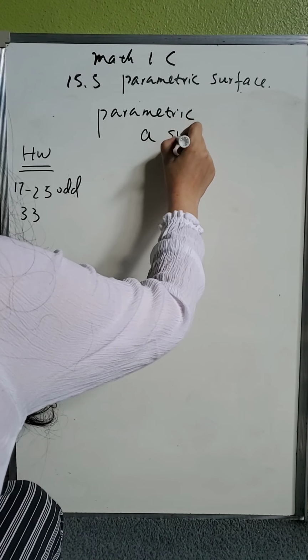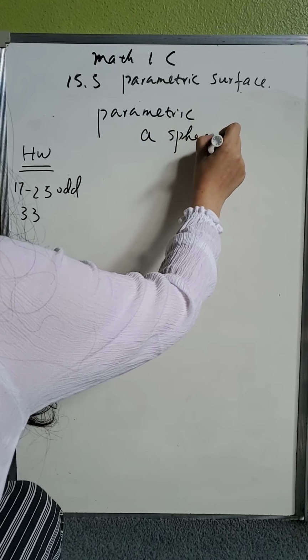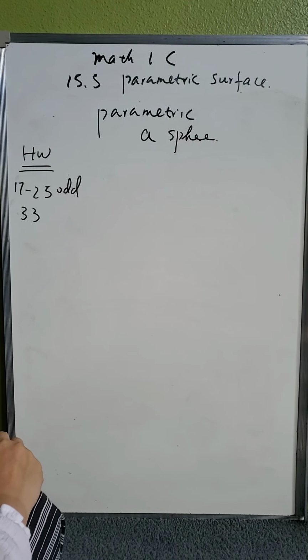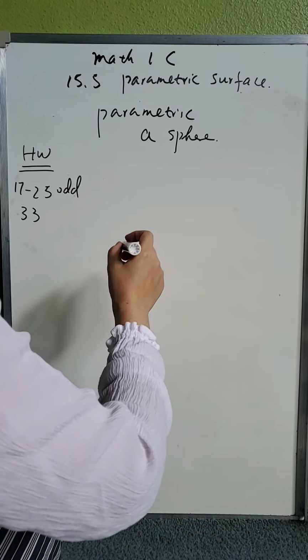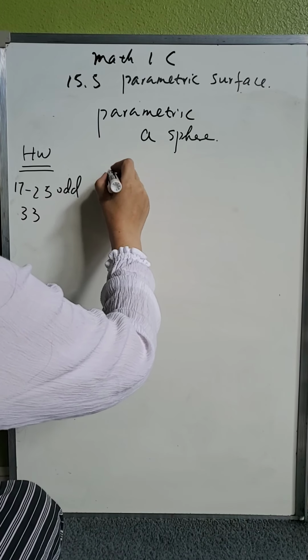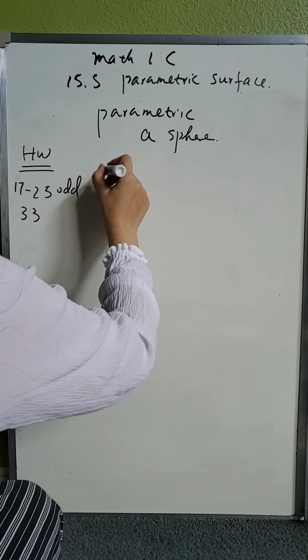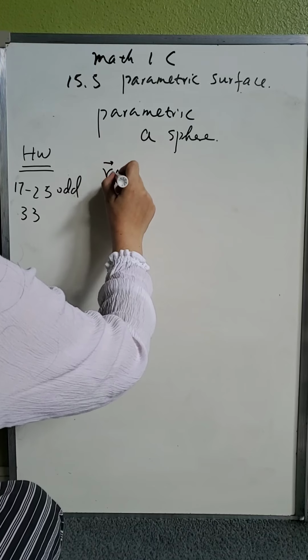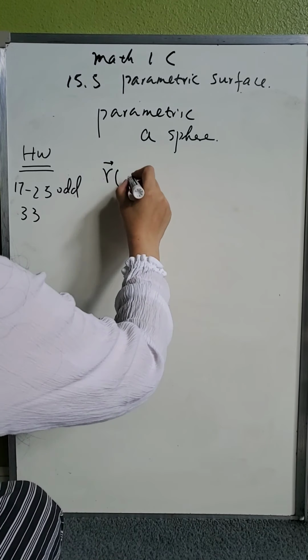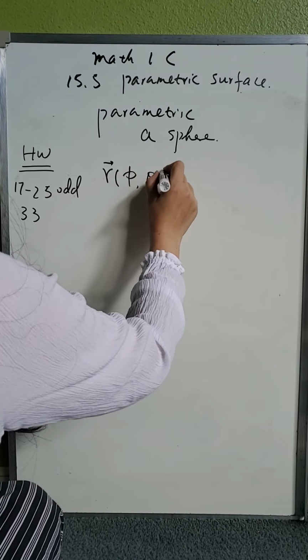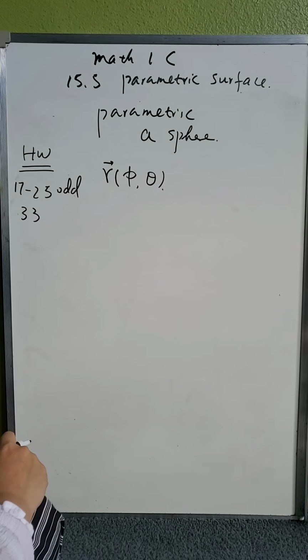Parameterize a sphere first. Okay, so parameterize a sphere, and then we're going to use r. What they do is that they use a phi and theta this time. Why do they want to use a phi and theta?